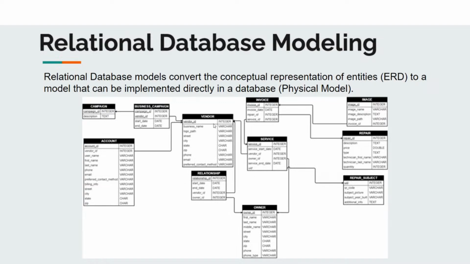So you could do a vendor to a service ID to the invoice and the repairs made on the vehicle pretty easily. So if you wanted to get the repairs made by a vendor, you would trace it through service and invoices, and then all repairs on the invoice.